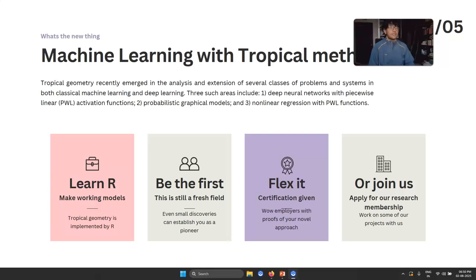And one thing I want to say is key: just by knowing what tropical geometry is, and by bringing that knowledge over to classical machine learning, you can probably attack some really good open problems that exist in the field. Right out of the box, you're going to be able to find applications in deep neural networks with piecewise linear functions this time.